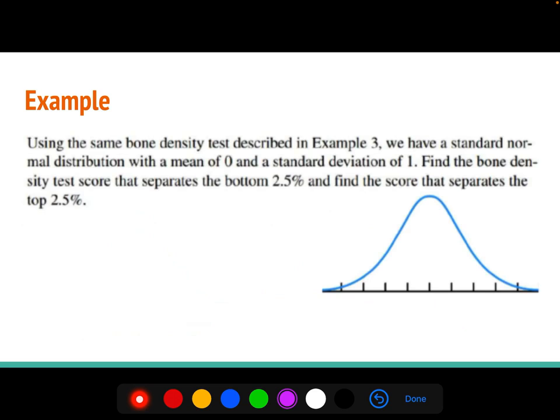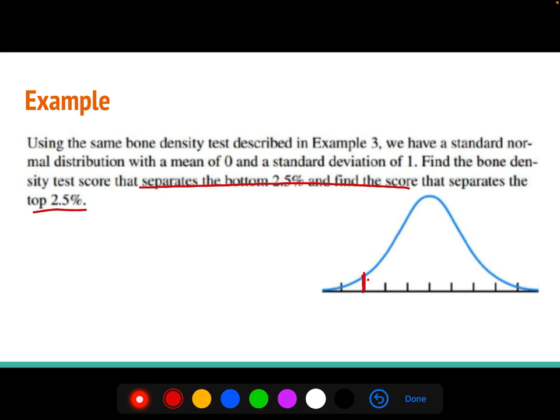Okay, so if we use that same bone density test score, then we have the normal distribution here. We're going to find the bone density test score that separates the bottom 2.5% and find the score that separates the top 2.5%. So 2.5%, change that to a decimal.